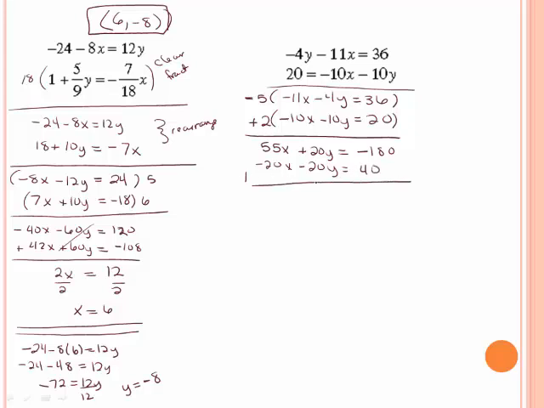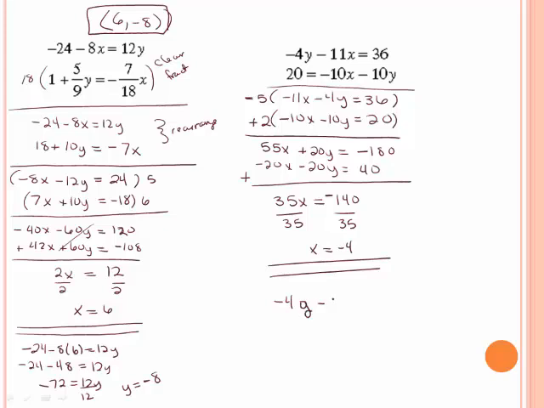When I add those together, I'm going to get 35x is equal to negative 140. Dividing both sides by 35, I get that x is equal to negative 4. So see, even though I have these large numbers, I still get a relatively simple solution. So don't let the large numbers intimidate you.